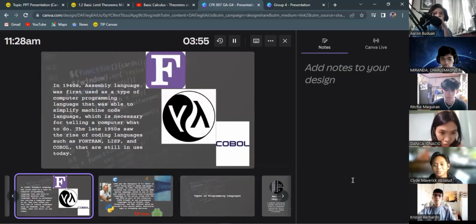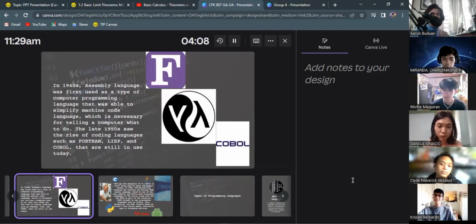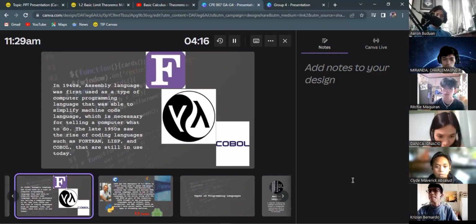In the 1940s, assembly language was first used as a type of computer programming language that was able to simplify machine code language, which is necessary for telling a computer what to do. The late 1950s saw the rise of coding languages such as Fortran, Lisp, and COBOL that are still in use today.